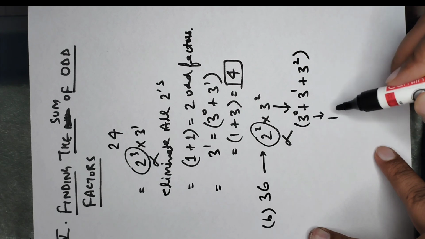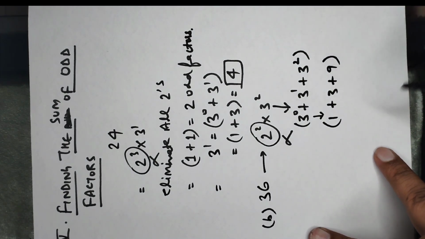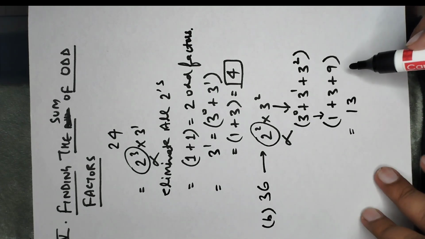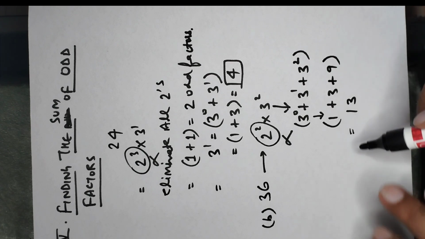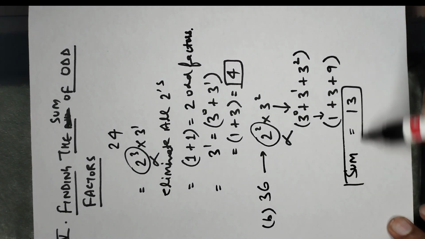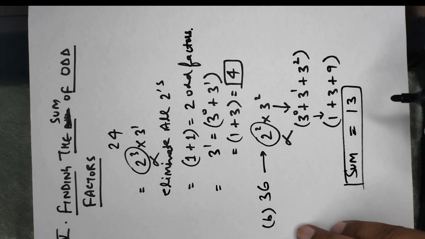So this can be written as 1 plus 3 plus 9. So we can say that the sum of all the odd factors of 36 is 13. So this is how we find the sum of all the factors of any kind of number.